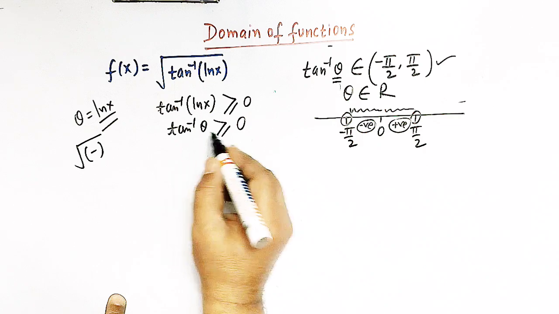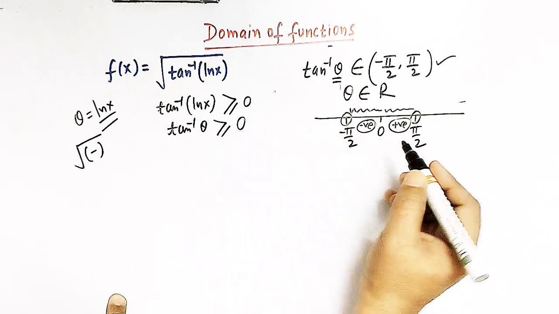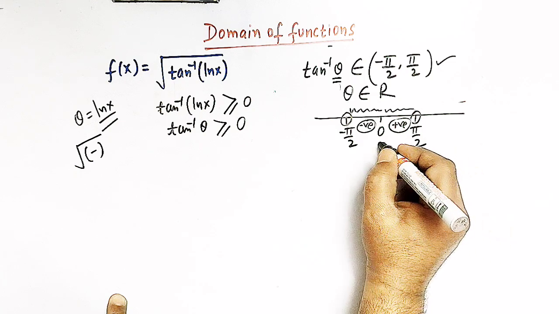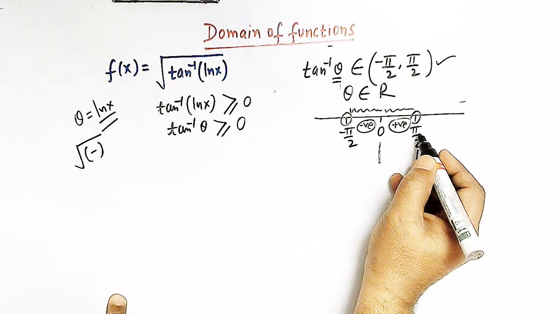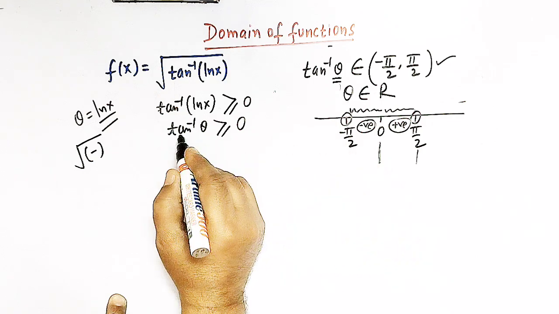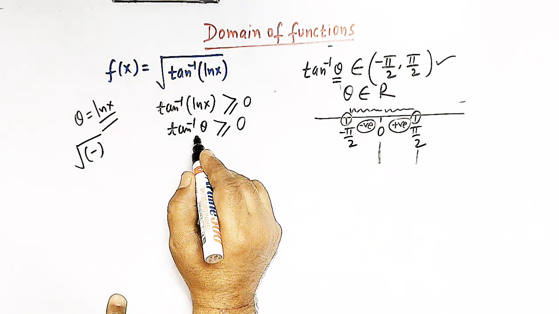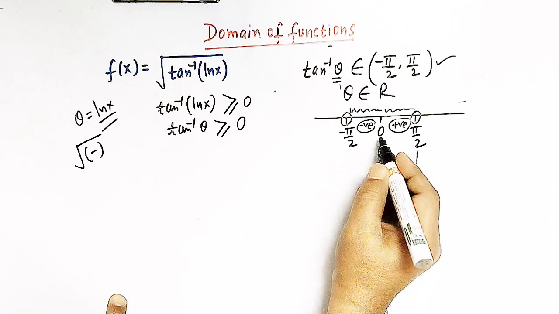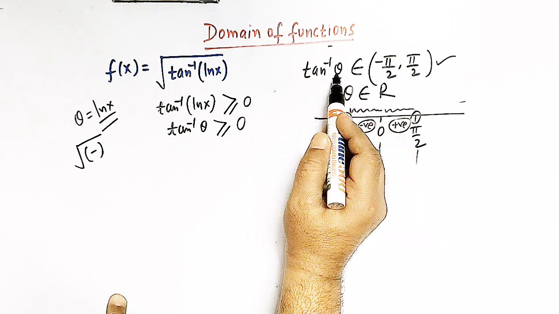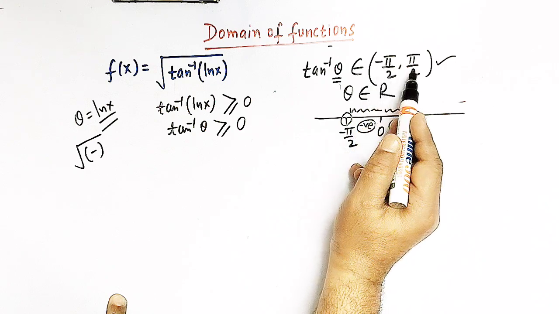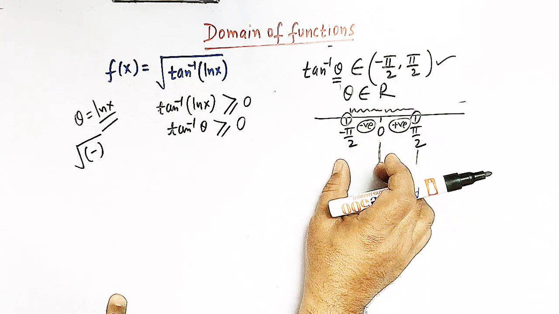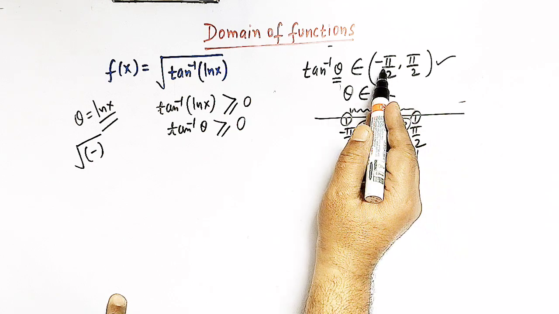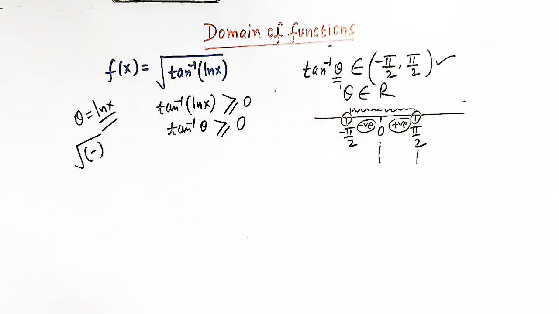Since tan inverse theta has to be greater than or equal to 0, we consider only the interval from 0 to pi by 2. We cannot take the interval minus pi by 2 to 0, so we have to discard these numbers from the range of tan inverse theta.